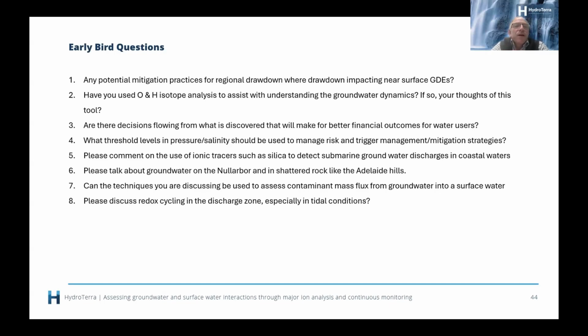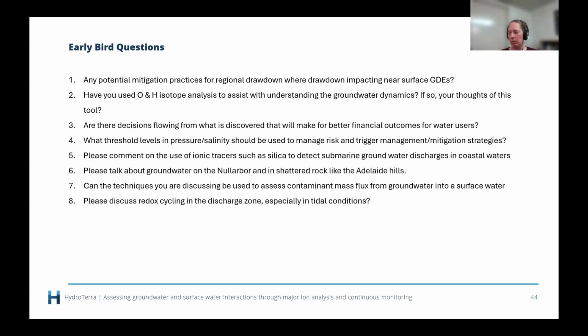Right. Question number 5. Please comment on the use of ionic traces such as silica to detect submarine groundwater discharges in coastal waters. Yeah, so I'm not too sure about silica in particular as a tracer. Chloride, bromide, isotopes, all those other different tracers I'm probably more familiar with. And I'm sure there's plenty of others.